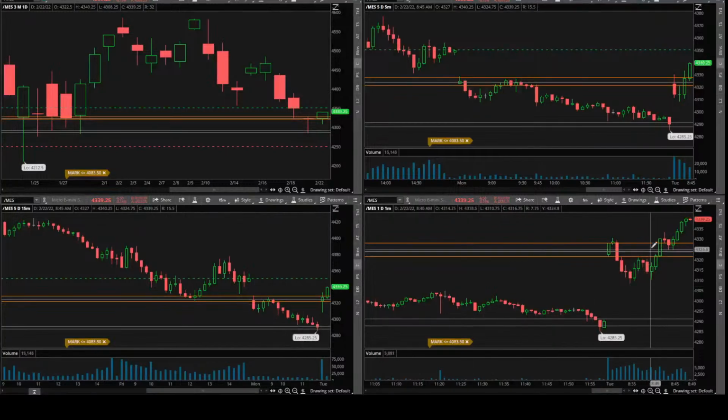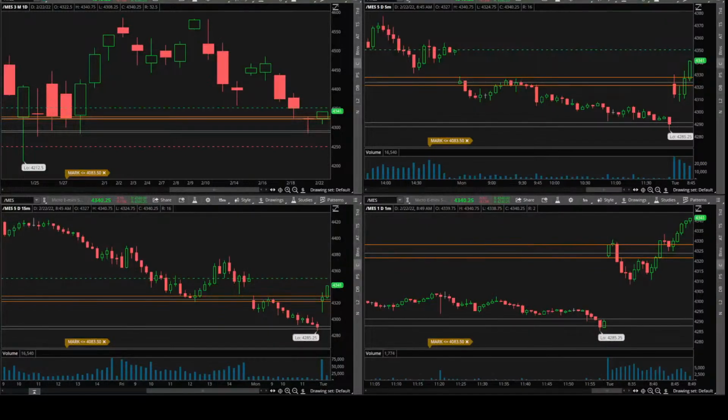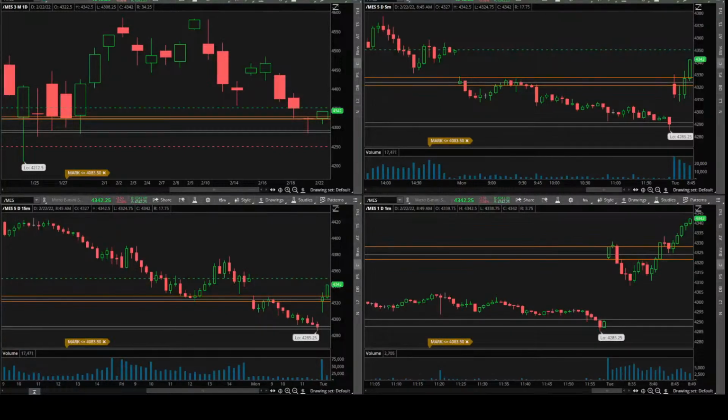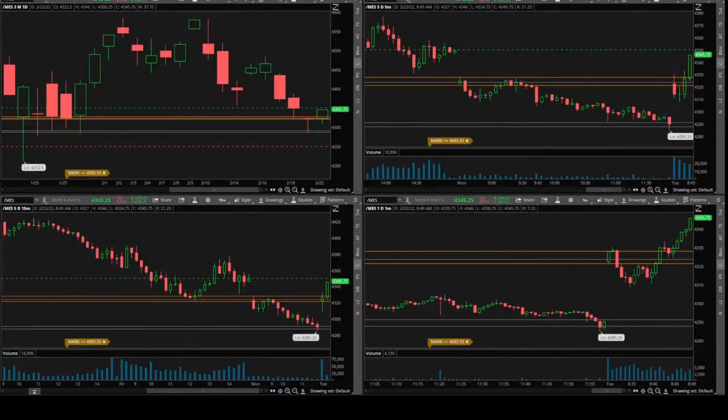Okay, well, we held that 24 area. We came up above it, held it, and we're pushing a bit higher here. Okay, getting a pretty big boost here on the E-mini.